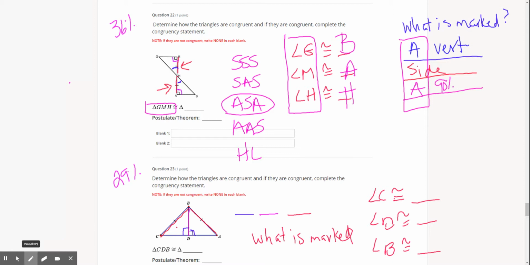G goes with B. And M is a 90-degree angle, so M goes with A. And then H is vertical, so H goes with H. And then the theorem is angle side angle.